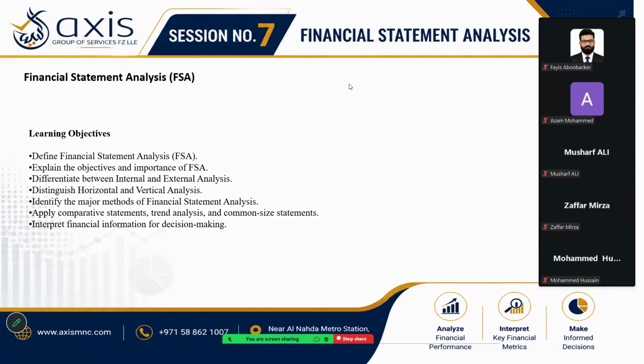Here we will understand the definition of financial statement analysis, and explain the objectives and importance of financial statement analysis. In session number 6, we discussed the importance and objectives of financial statements. Now we are discussing analysis, and the difference between internal and external analysis.